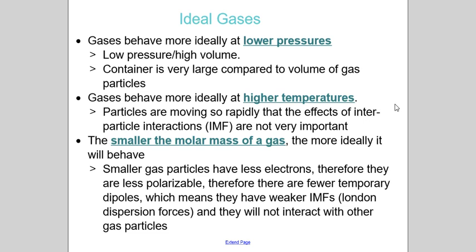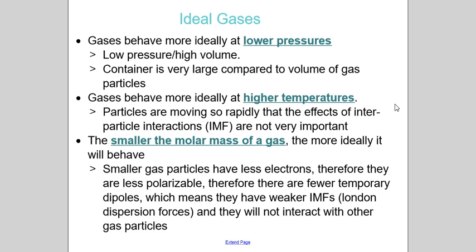And the smaller the molar mass of a gas, the more likely it will behave ideally. Small gases that have very weak IMF forces, things like helium, for instance, generally behave way more ideally than something that's large and massive and cumbersome and moving slower.